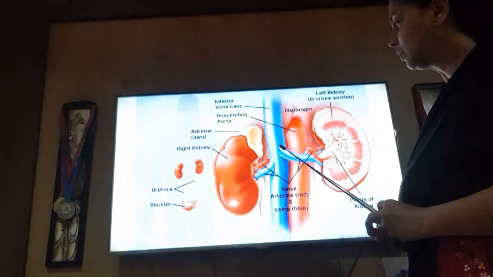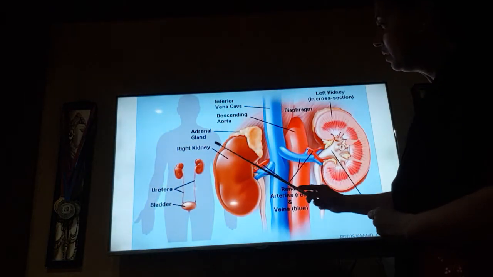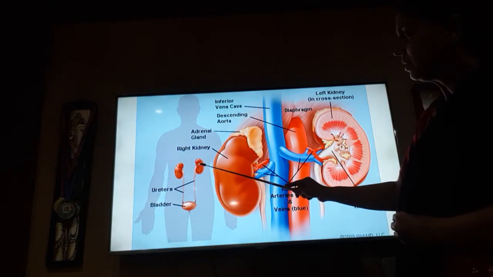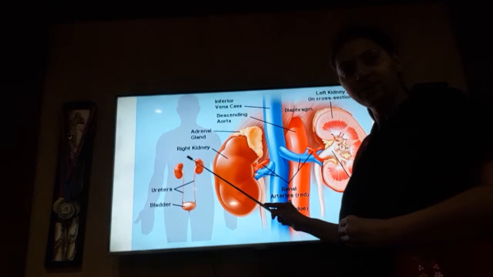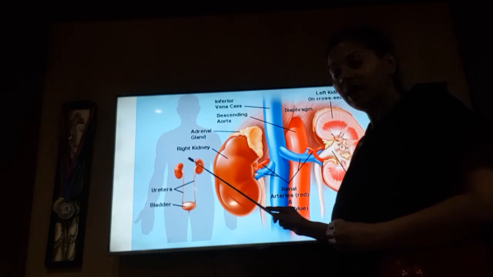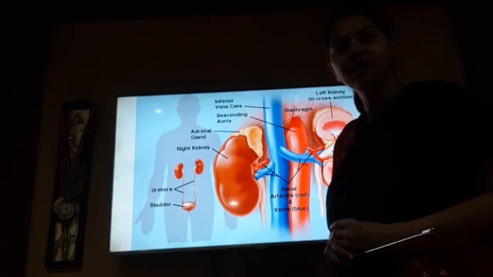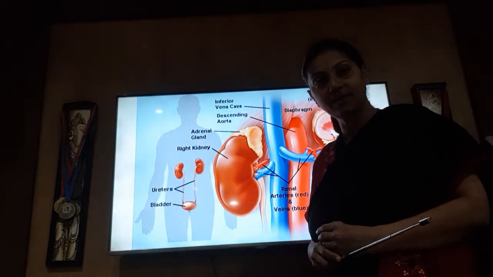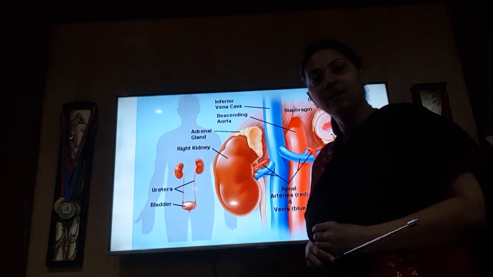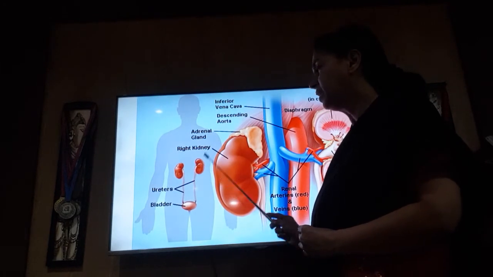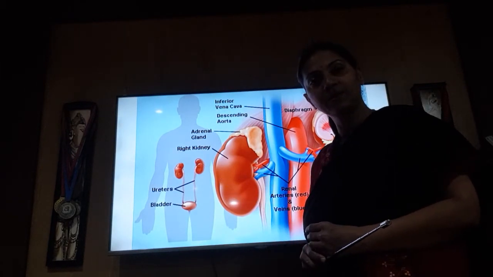Now I again come back to this side so that you can see here the ureter. Now it is passing downwards. Okay, it has started from the posterior side of the body, isn't it? And the bladder is present anteriorly behind the pubic symphysis. So in the pelvis, the anterior-most organ is the bladder and the kidney is posteriorly placed.